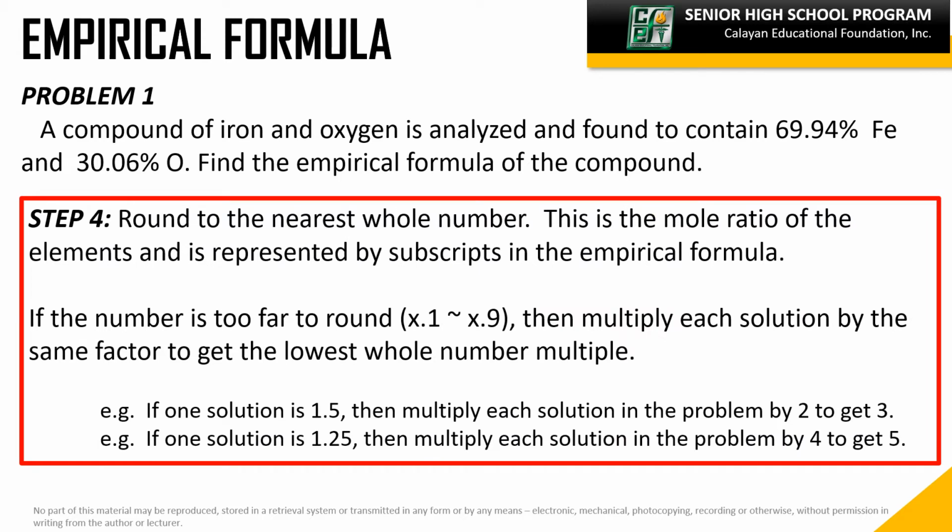For step 4, we have to round to the nearest whole number. This is the mole ratio of the elements and is represented by subscripts in the empirical formula. But if the number is too far to round, for example 0.9 or 0.1, then multiply each solution by the same factor to get the lowest whole number multiple.